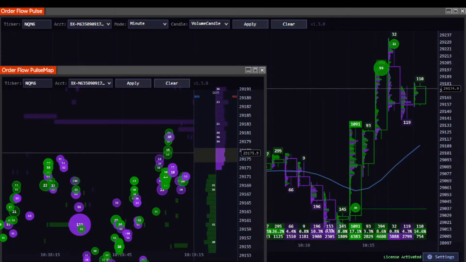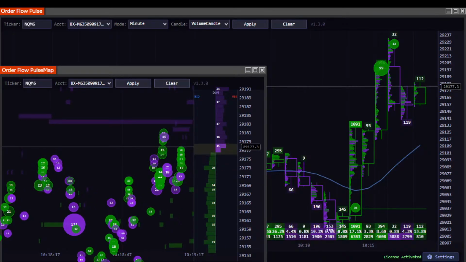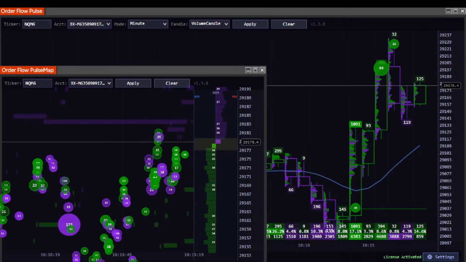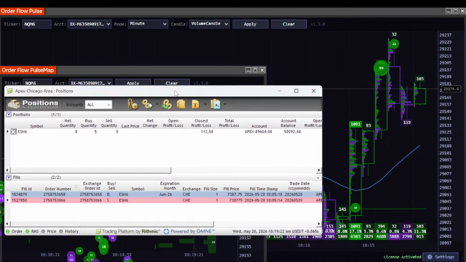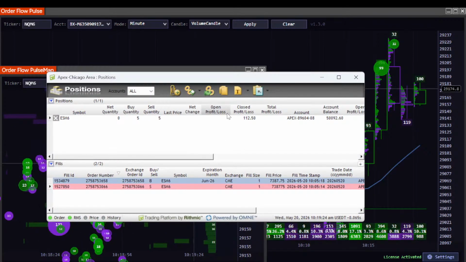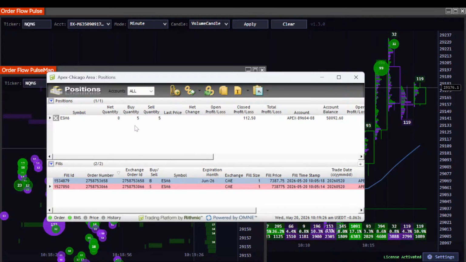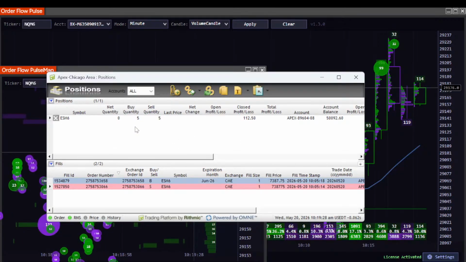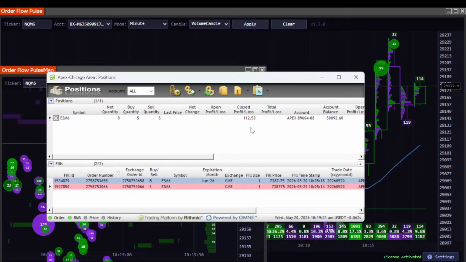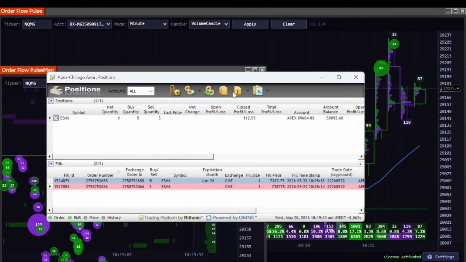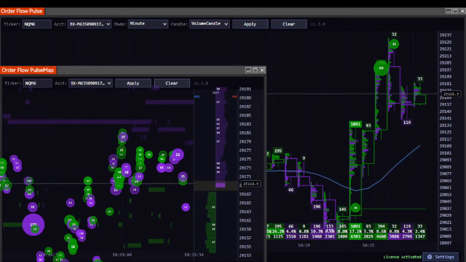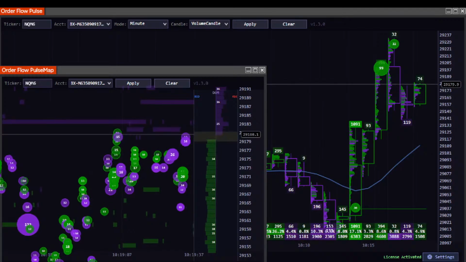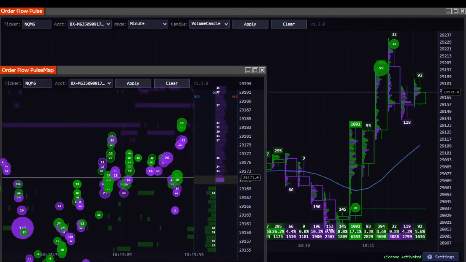And I'm only scalping one mini. Look, I'm only scalping one. I did two on that one. It's only been a few trades, and it's like $112. Why only one? Well, because the market is erratic, man.